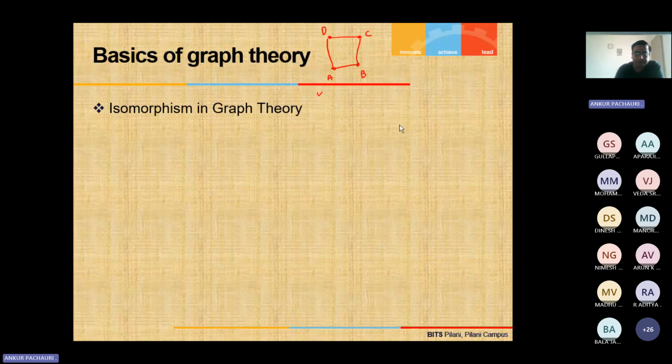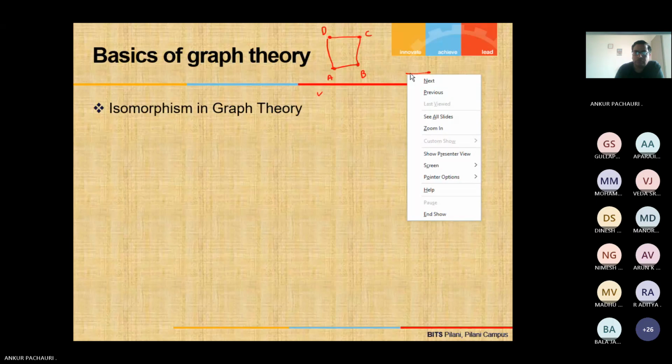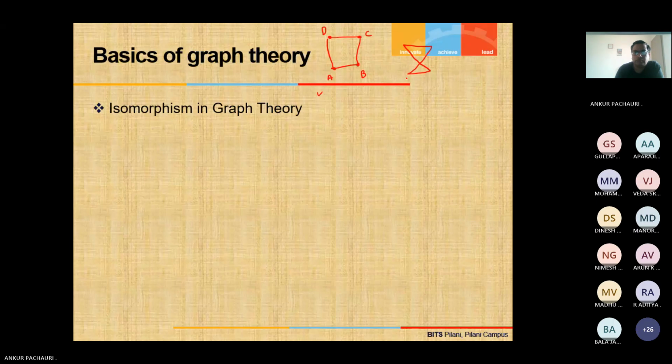We have one graph, and we have another graph. This is ABCD, a simple rectangle. Now C and D are twisted, and when C and D are twisted, it gives rise to the second graph. So this is G1, this is G2.